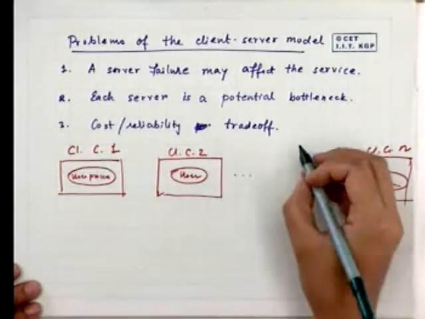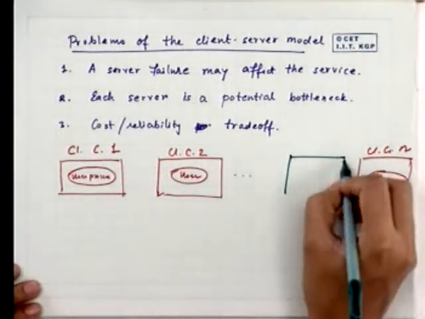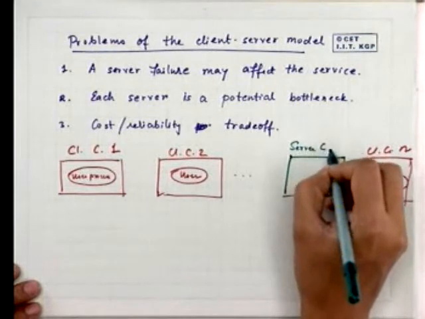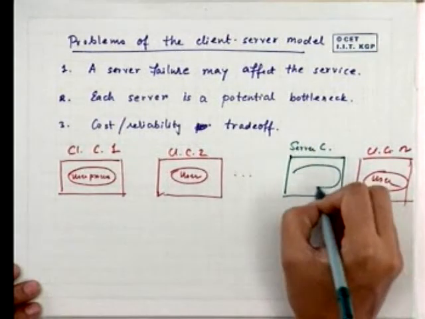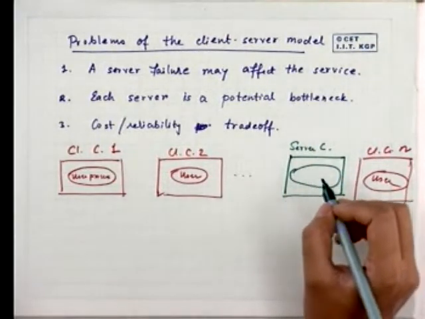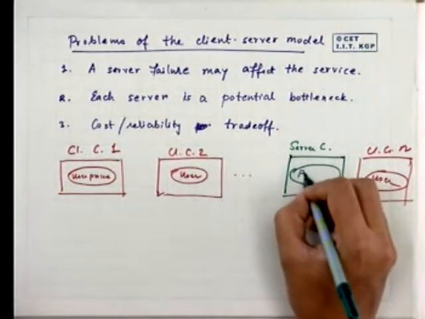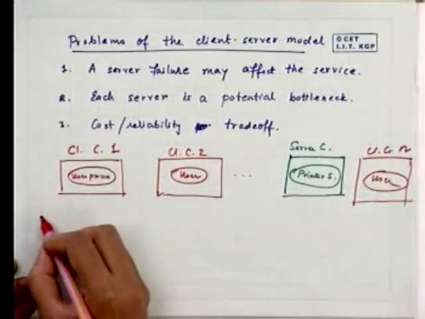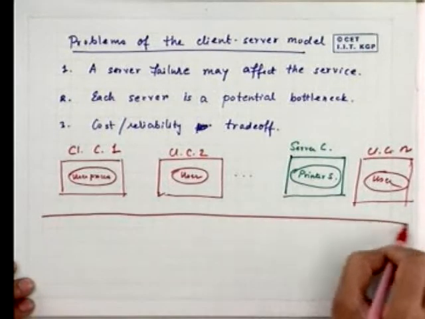And then we have one single server computer. Let us say we take an example of a server computer which is a printer server, and they communicate through this network.